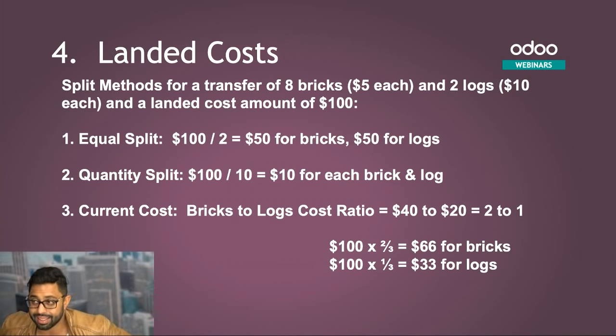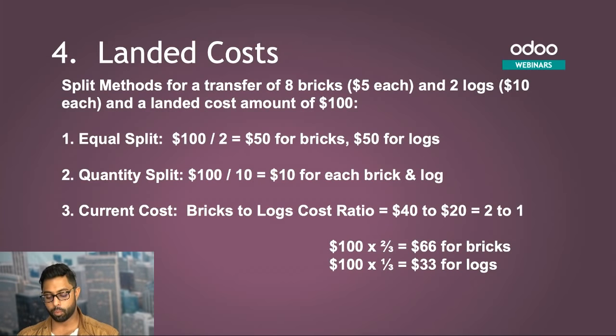So in the equal split, it will basically take whatever items that you have and then split it down the middle and associate the price for both based upon that. While that's a good way to do it if you're using equal or like products, it can be an easy, simple way to do it.